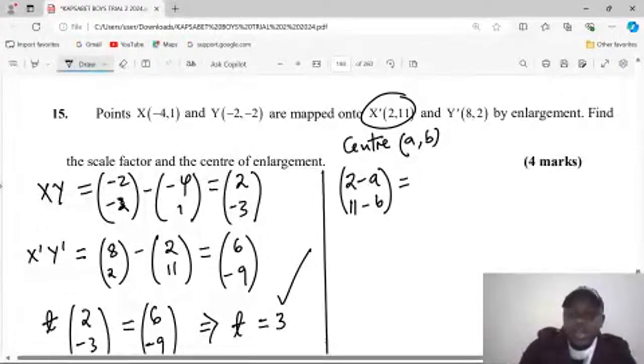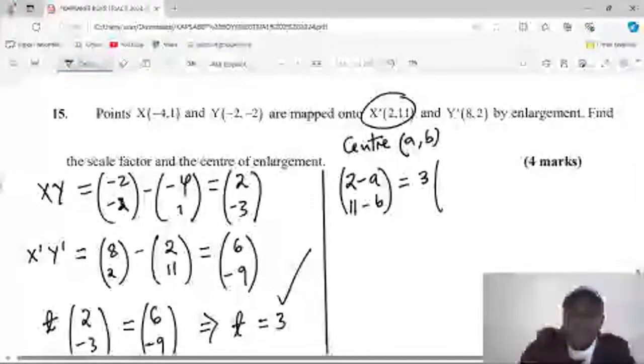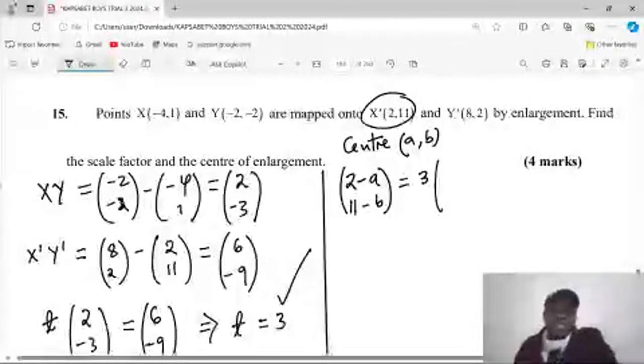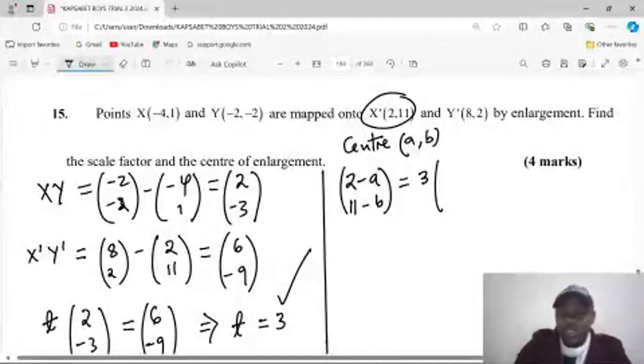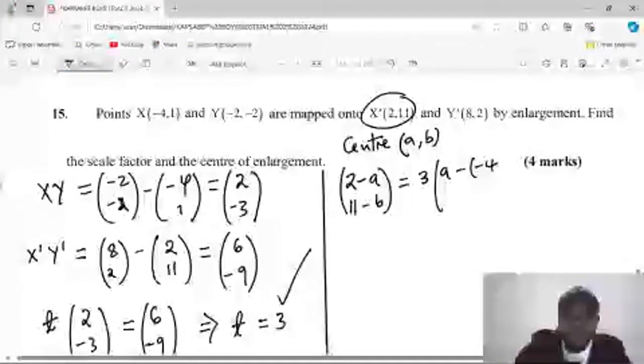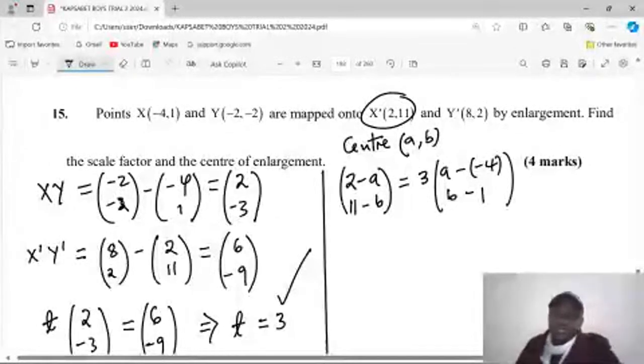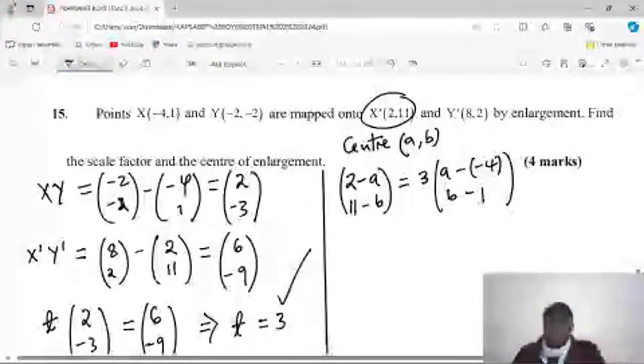This distance is the same as 3 multiplied by the distance from X to the center. So from X to the center, it shall be a minus -4 and b minus 1. From the center to where X' is, we express it this way.